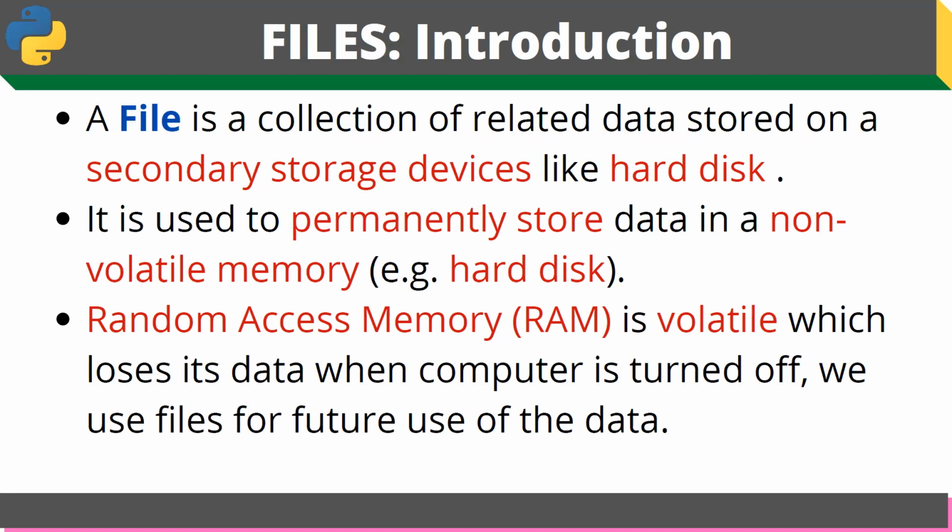Read-only memory is a non-volatile memory. Random access memory, you can call it RAM, is volatile, which loses its data when the computer is turned off. We use files for future use of the data.